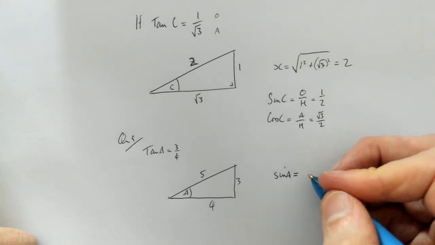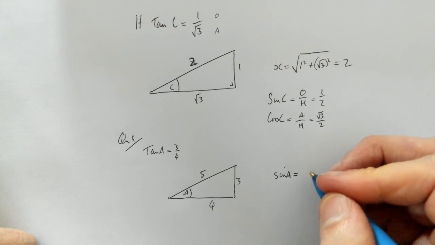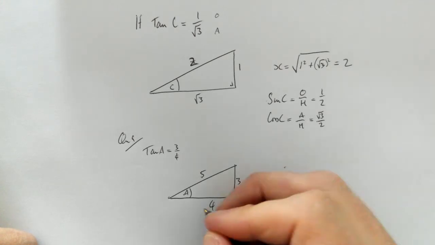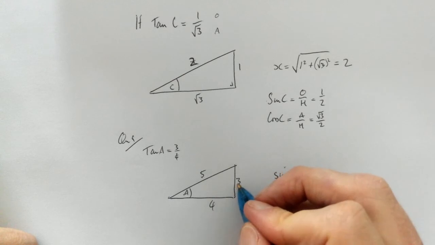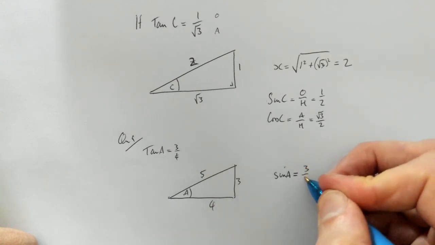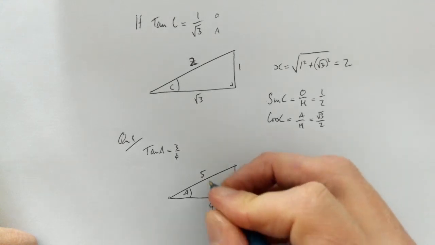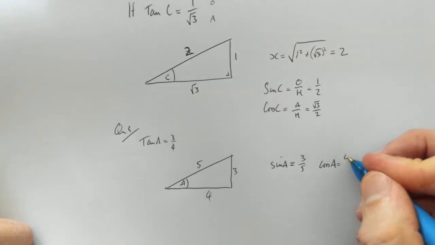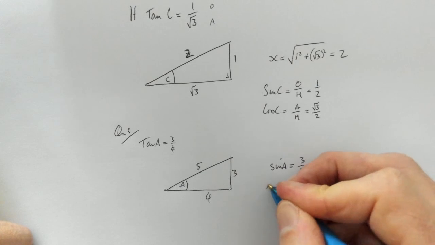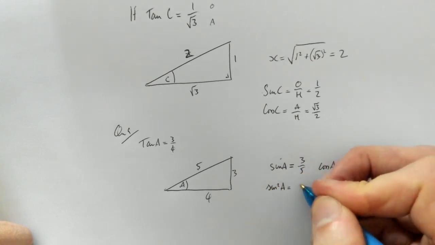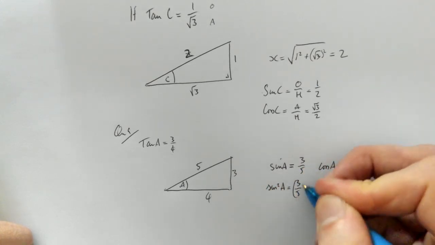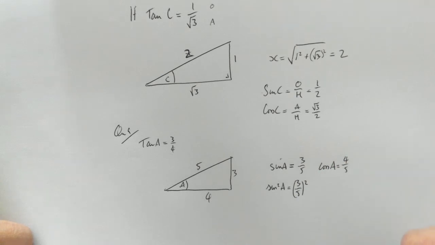Don't get thrown by the different wording. Sine a is opposite over hypotenuse, 3/5. Cos a is equal to adjacent over hypotenuse, 4/5. So sine squared a is 3/5 squared, okay?